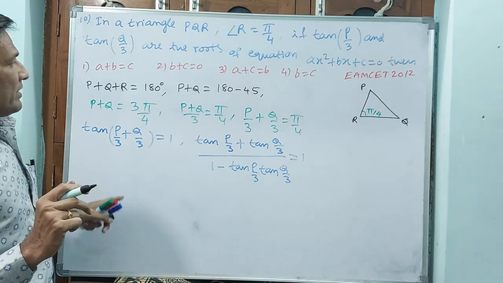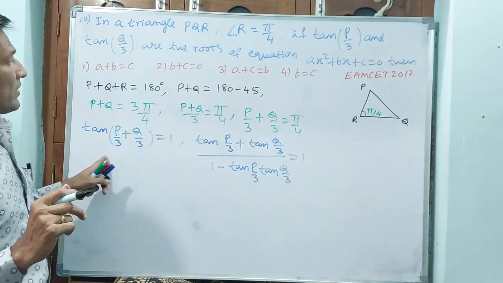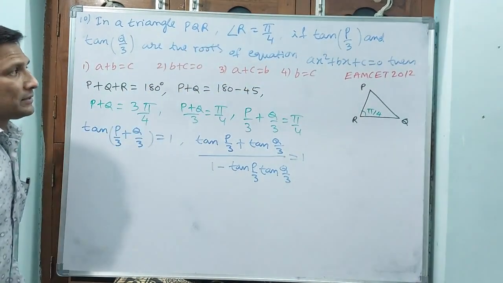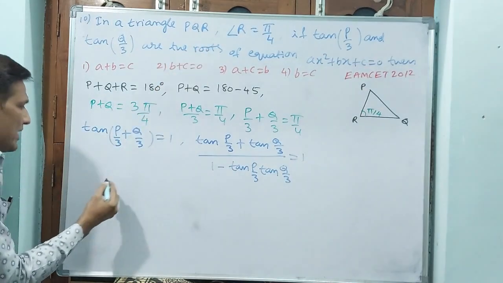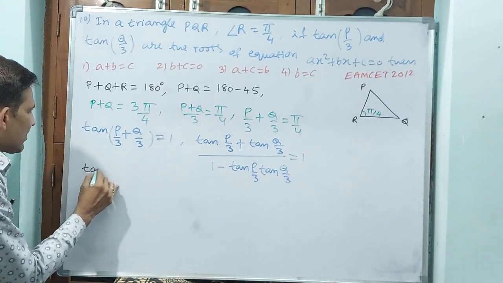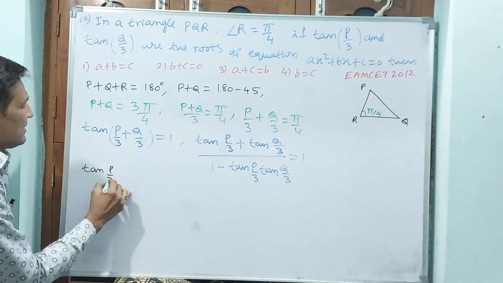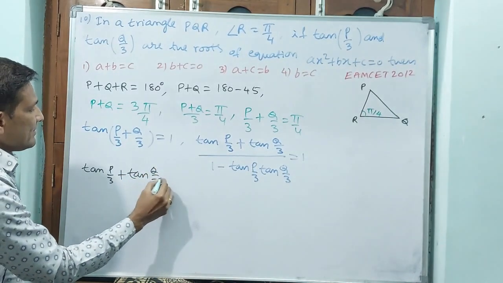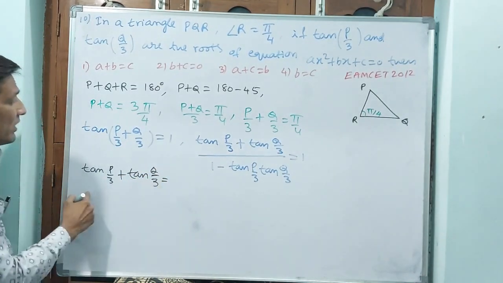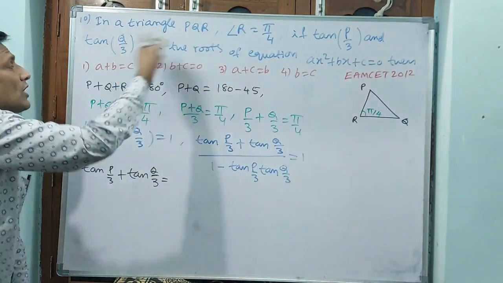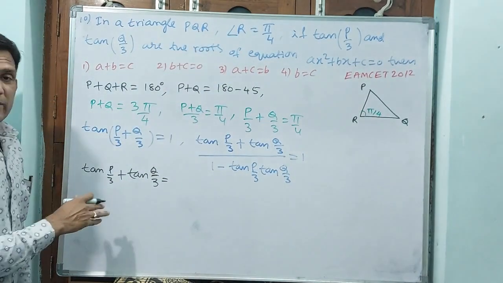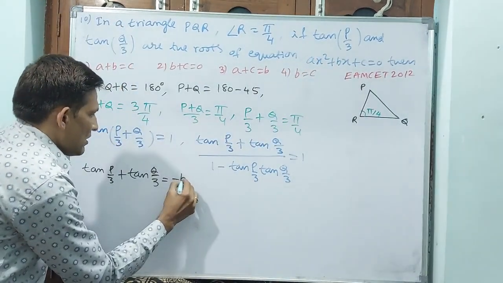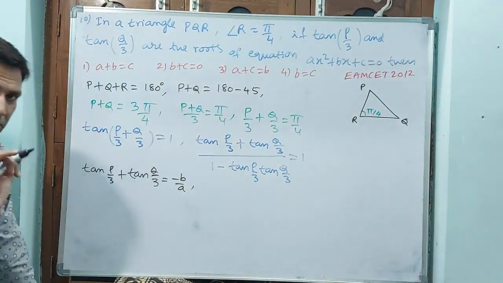Now you tell me, these roots they have given already. Alpha plus beta you find first. Alpha plus beta means tan of P by 3 plus tan of Q by 3. Alpha plus beta, these are roots, is equal to minus B by A. This is one thing.